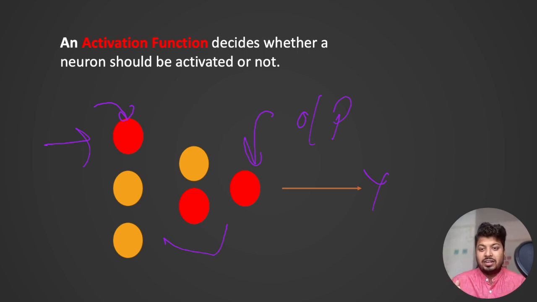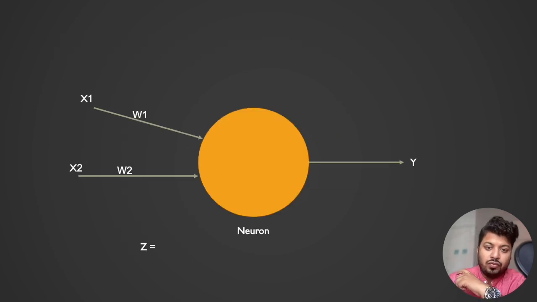To understand it in a little more depth, let's first understand what an activation function does on a single neuron, so that sometimes it is activated and sometimes it is not. For example, suppose we have a single neuron here with inputs x1, x2 and weights w1 and w2, and here is our output.